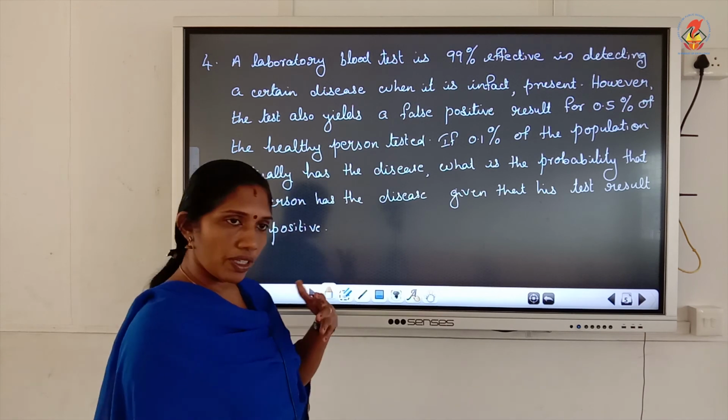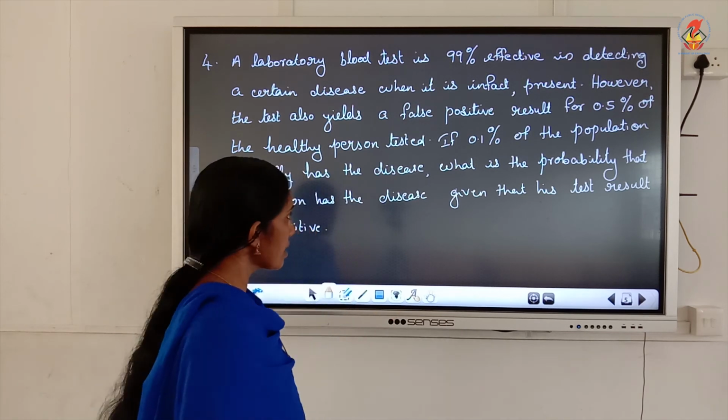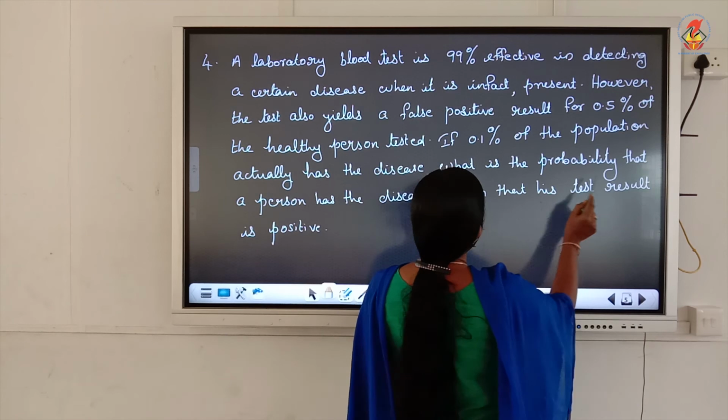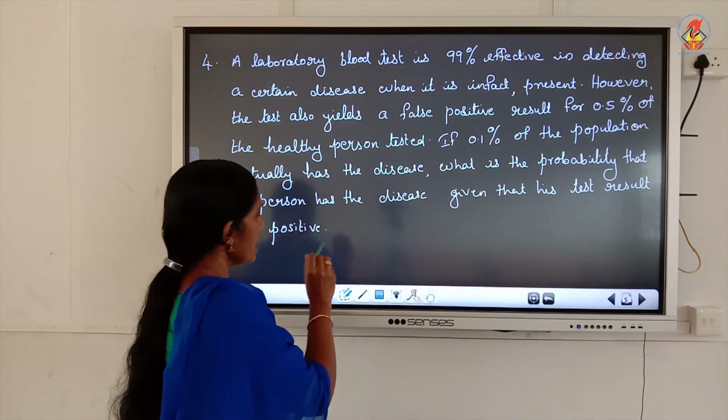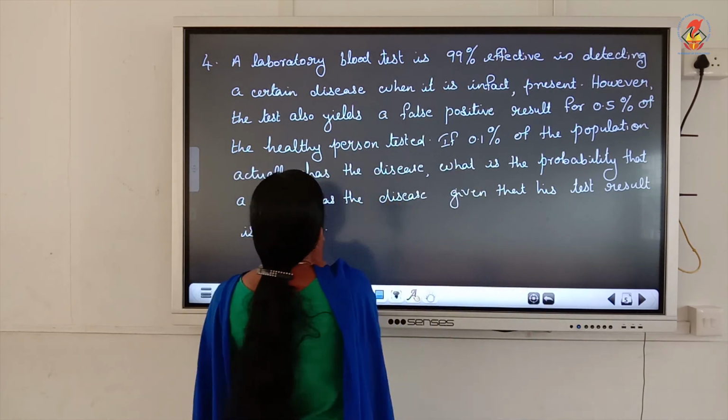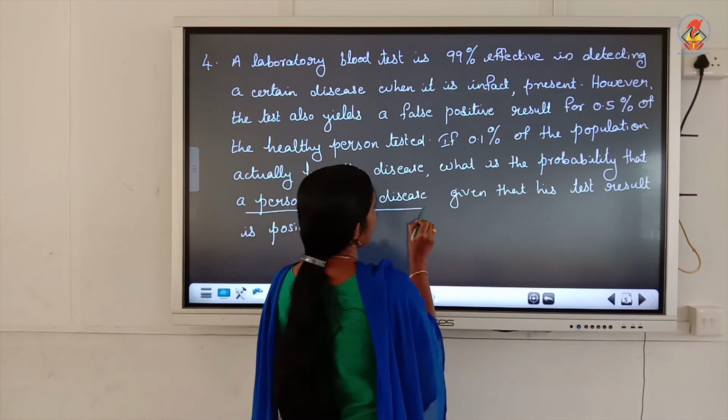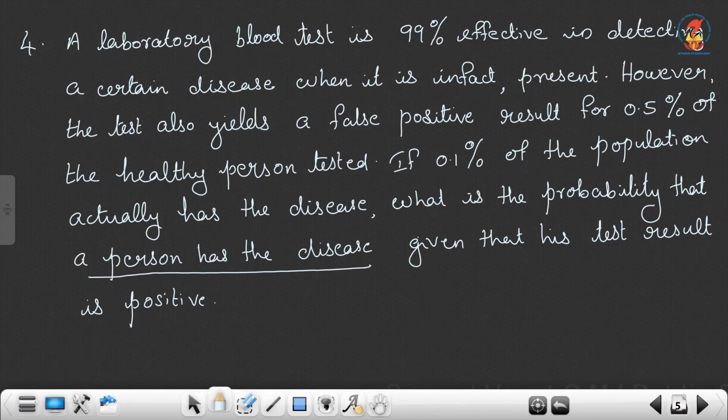If it is difficult to identify the events, you can just check the last part of the question. What is the probability that a person has the disease given that his test result is positive?